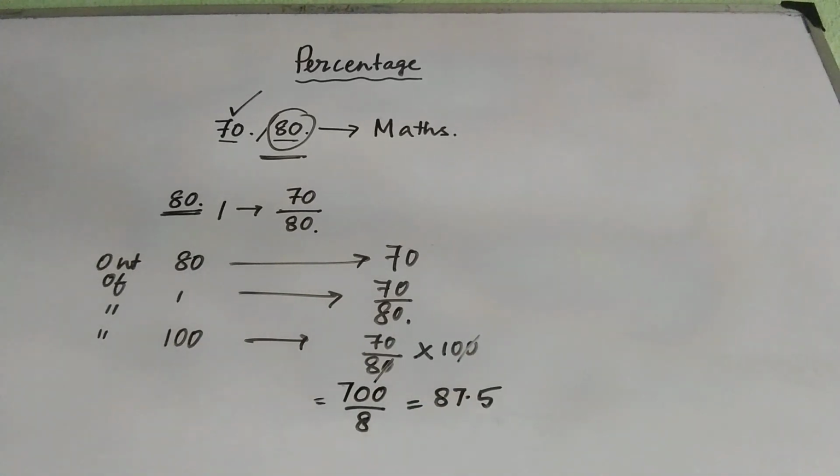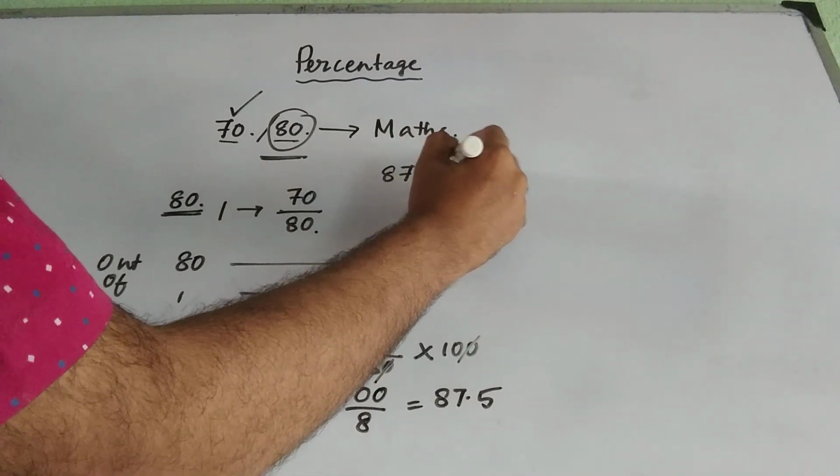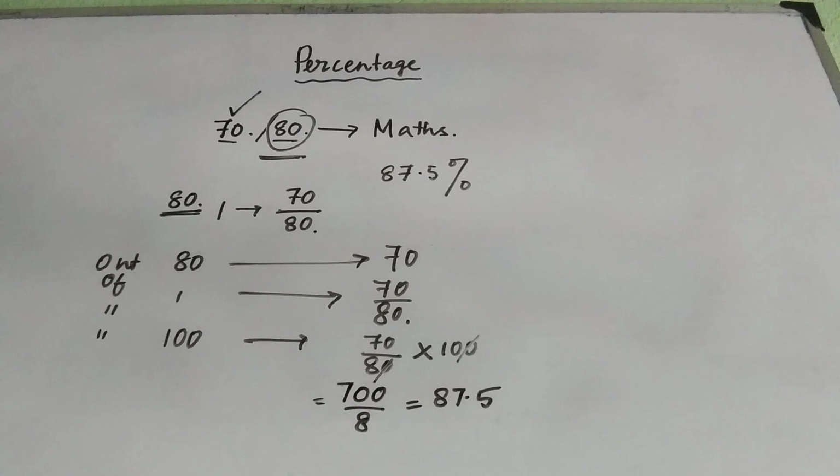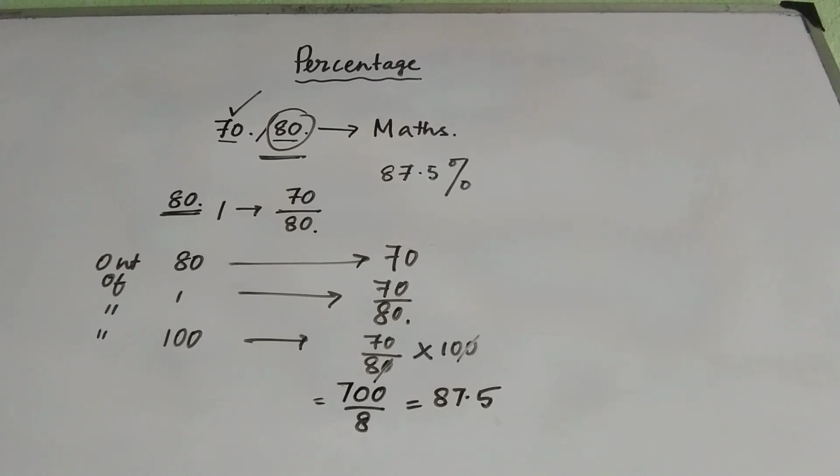So the percentage of marks he has obtained in this exam is 87.5%. For every problem we encounter regarding percentage, we have to find out what we have received or what we are going to calculate out of 100.